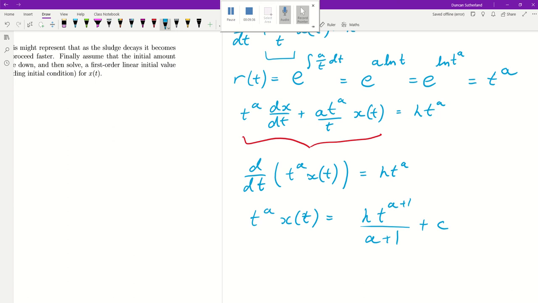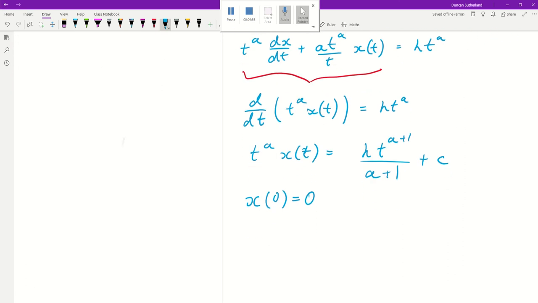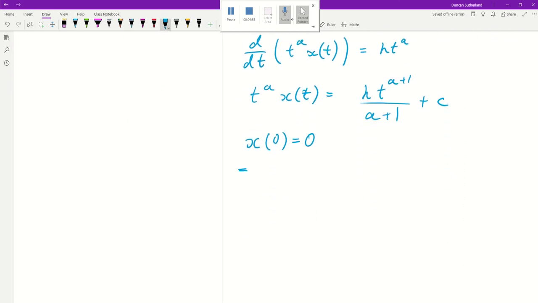So we're nearly there. Because we're going to have issues with t equals 0 if we divide through by this, we'll apply the initial condition now. So x of 0 equals 0, and this fairly obviously implies that the left-hand side is 0, k on a plus 1 times 0 plus c.